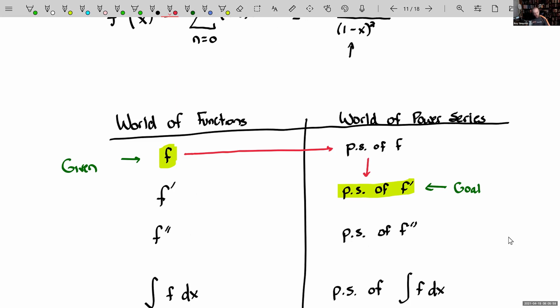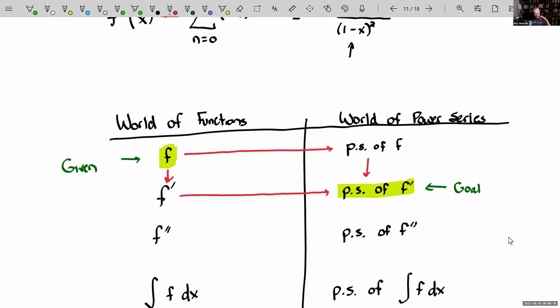Or you can go from f to f prime and then magically somehow say, oh, and I know the power series for f prime. Those are the two ways you can get from our given information to our goal. That's the only two directions you can go, right?